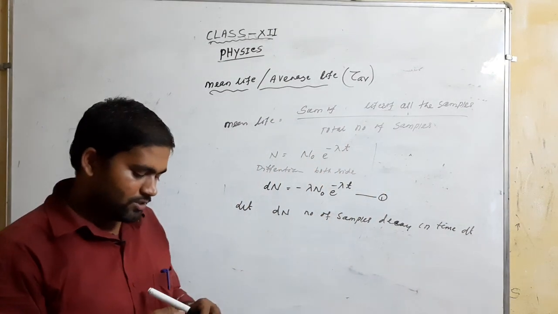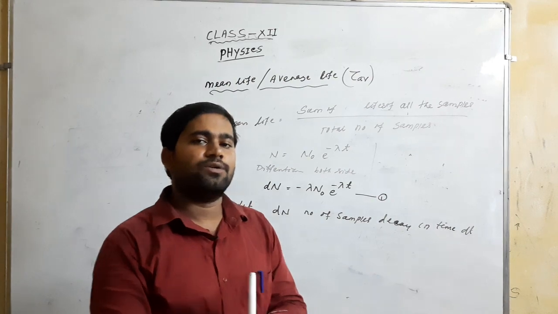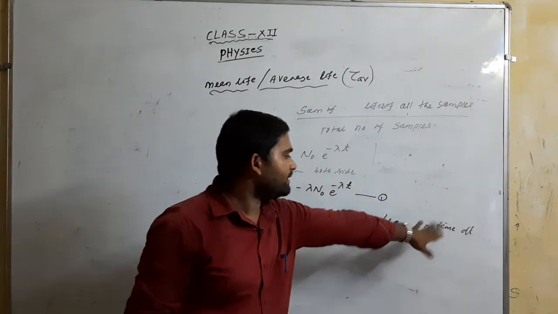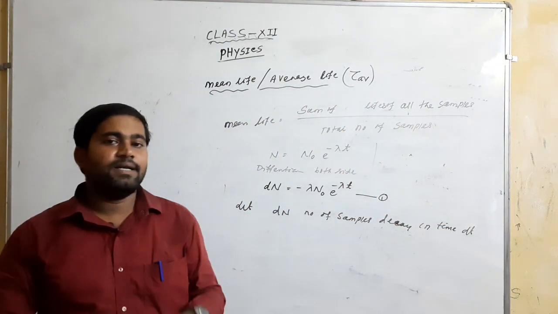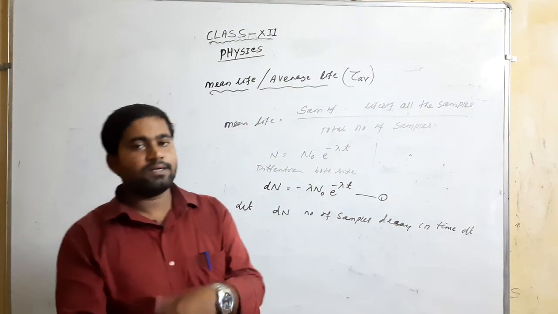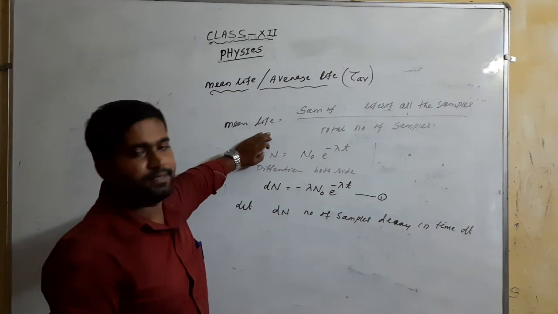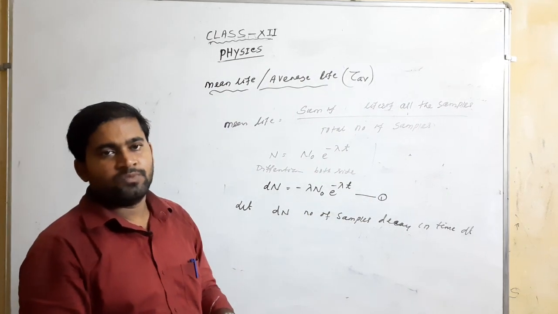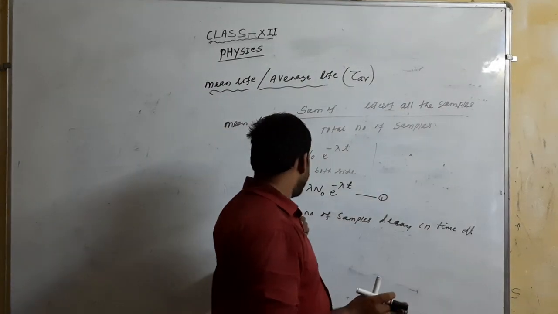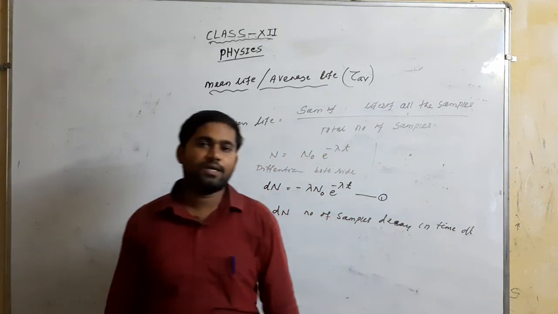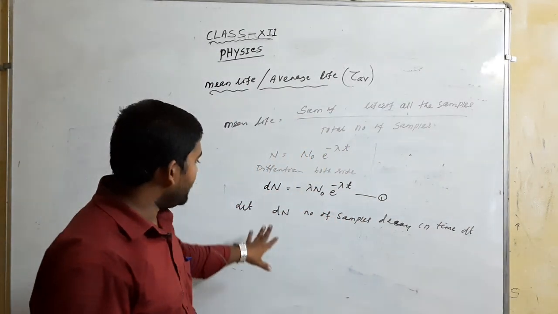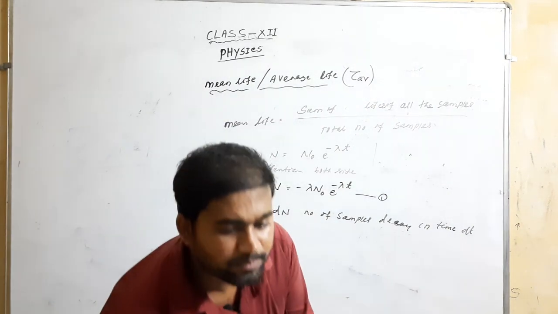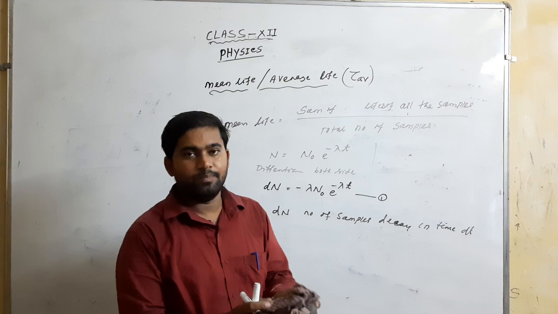From the initial value N naught, suppose dN atoms decay in time dt, and the number of samples after decay is N. The total time for dN atoms is dt.